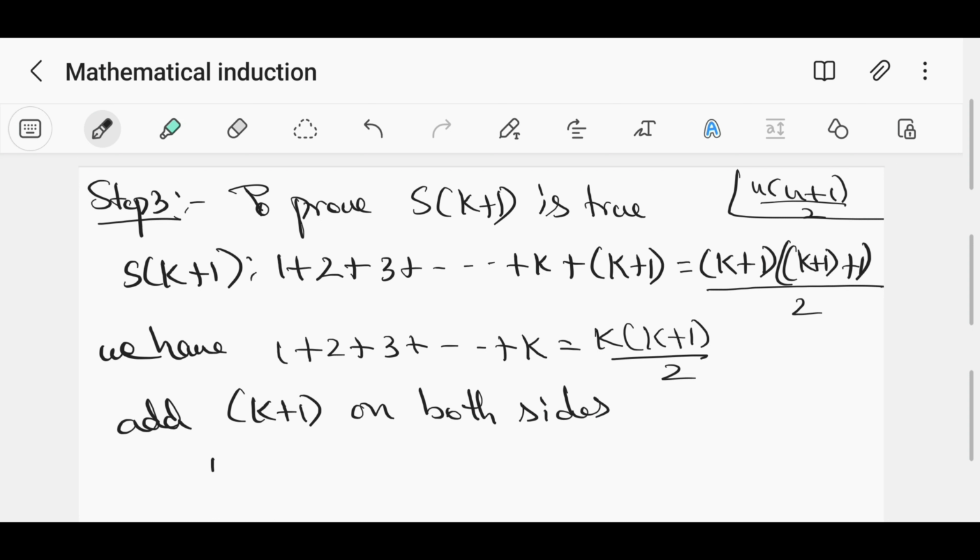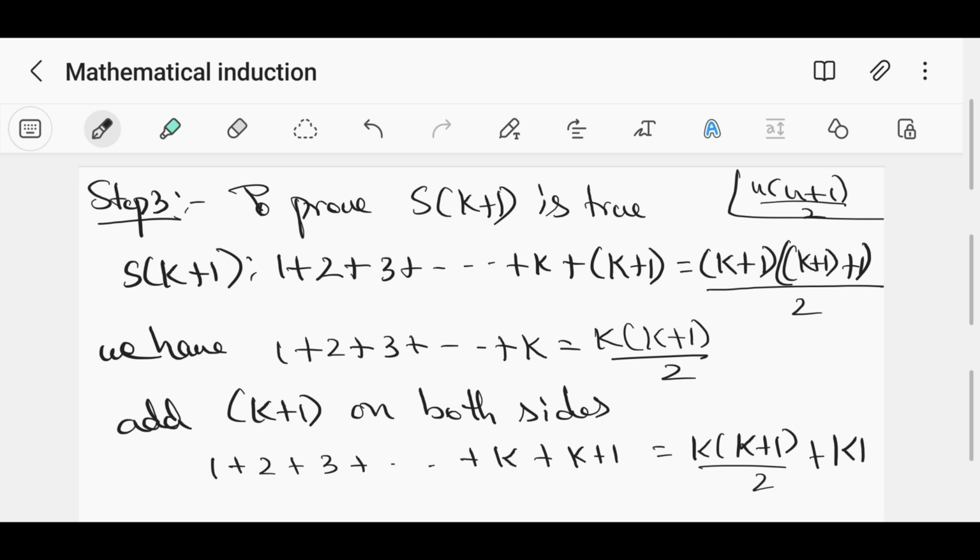So what do you get? You get 1 plus 2 plus 3 plus so on plus k plus 1 equal to k into k plus 1 by 2 plus k plus 1. This is what we have now.